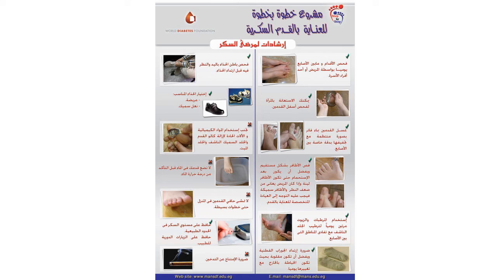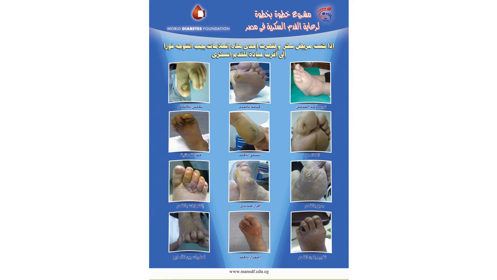Of course, never ever walk barefoot, and don't forget the preventive measures: keep your blood glucose level within normal, and avoid smoking. High blood glucose and smoking will cause more neuropathy and more peripheral arterial disease.